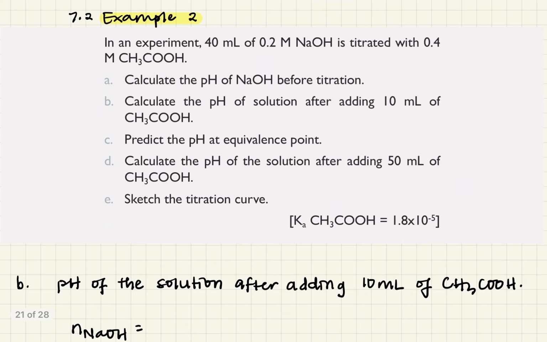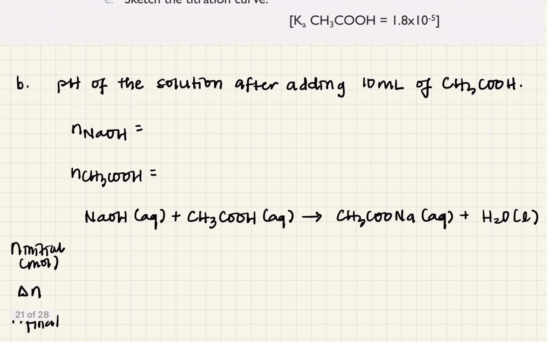Next, B: you're going to calculate the pH of the solution after adding 10 milliliters of CH3COOH. That means we need to know the mole of sodium hydroxide initially, to be put in our ICF table.